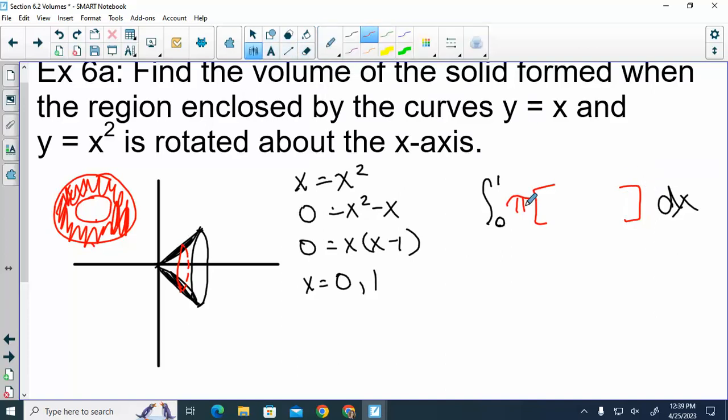So we are going to do each one of these squared, because we're going to do outside circle minus inside circle. All right, which one is on the outside, the furthest away? Y equals x. So we'll have x squared, and then the inside one was y equals x squared, so that would be x squared.